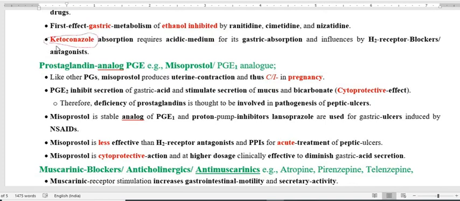Ketoconazole requires an acid environment for its absorption from the GI tract. So when we use H2 receptor blockers for a longer time, particularly cimetidine, the acid environment is less and the pH is higher, and ketoconazole requires an acid environment to be absorbed. So it gets less absorbed when we use H2 receptor blockers for a longer time.